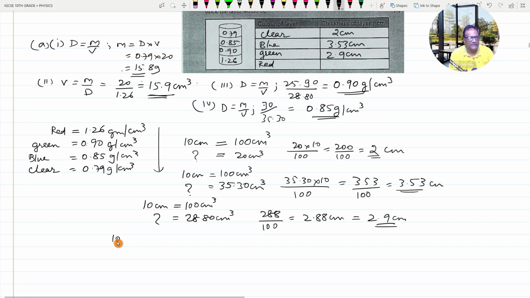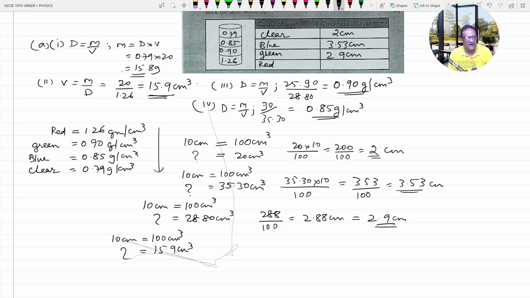So it should be 15.9 into 10, that is 159 divided by 100. This should work out to 1.59 centimeter, which is equivalent to 1.6 centimeter. So the final answer for this is 1.6 centimeter.